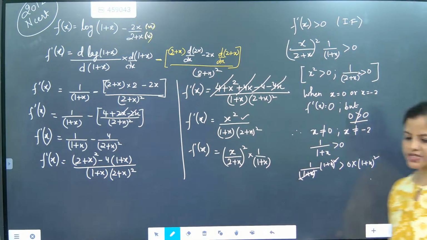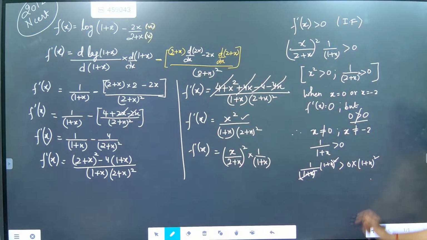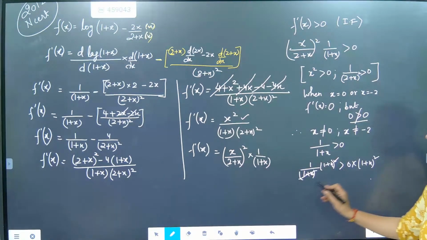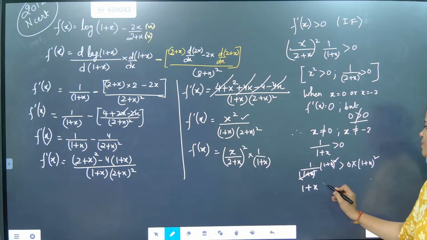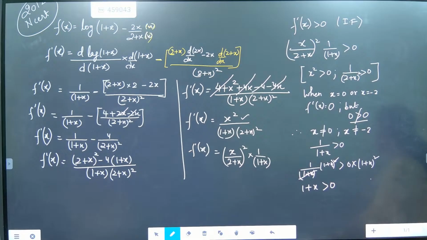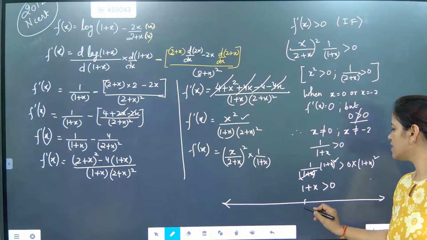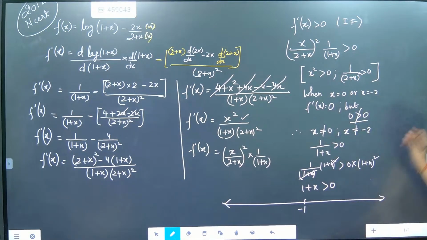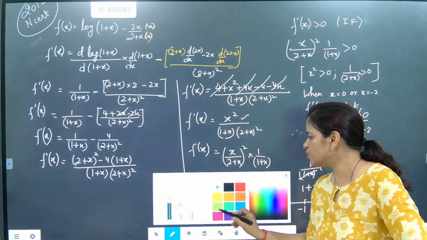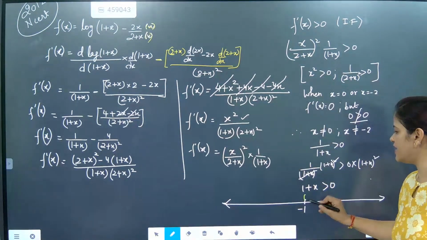Our most important section here, children, is 1 plus x. So 1 plus x is greater than 0. Now we will draw the number line. 1 plus x equal to 0 means what is the value of x? Minus 1. Now we color it. This is our main region.